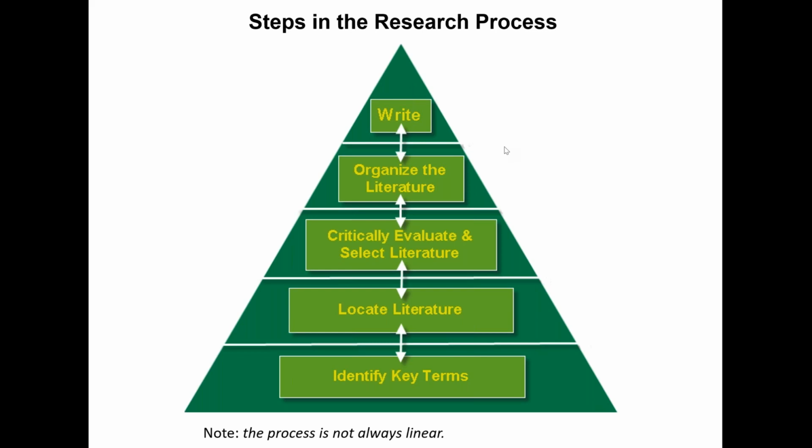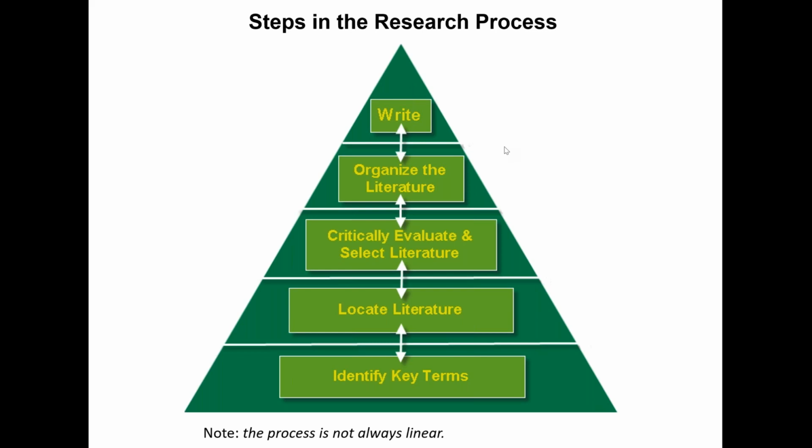And then as you're doing that, you're also evaluating and selecting what you're going to use for your dissertation or what's going to be included in your literature review. And then as you're doing that, you're also organizing it, right? So what are you doing with that literature once you've found it, once you've evaluated and selected it? And then finally, of course, once you've got that, you're also writing.